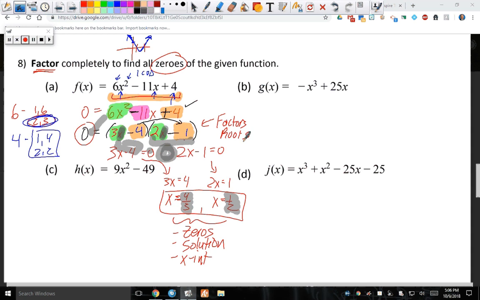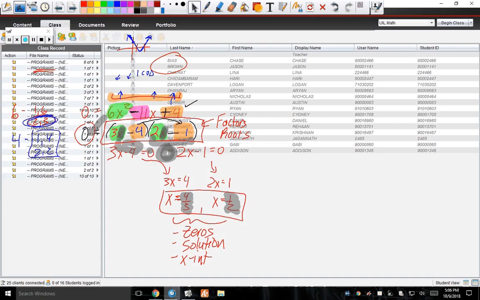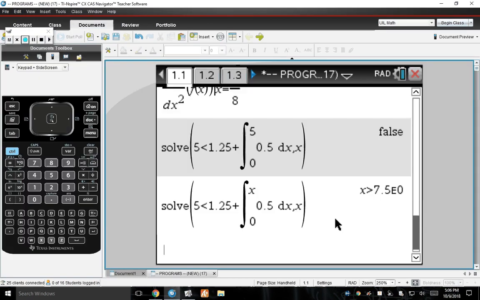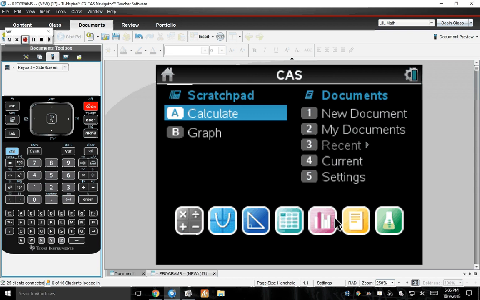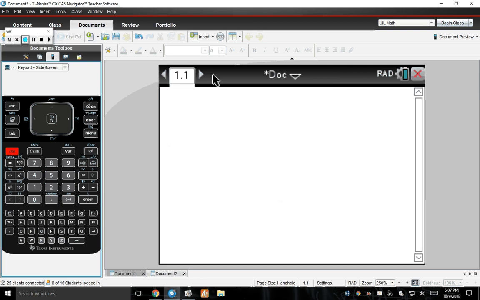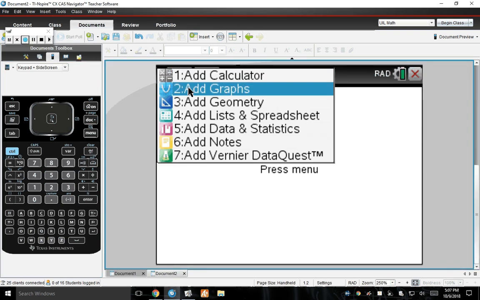Now, if I wanted to do it with a graphing calculator, because some of you might not be strong with your number sense and that trial and error approach, you can always graph these as well. Okay, so 6x squared minus 11, let me show you how that would look like. Alright, so we'll come over here, let me go ahead and grab a new document, because we were using this earlier. And then I will control add a page. I'm going to add a graphing page.